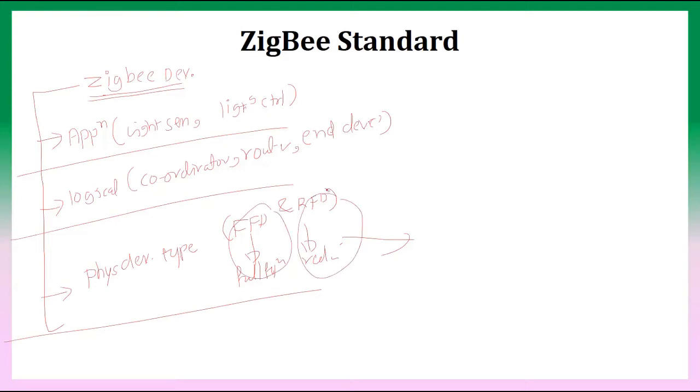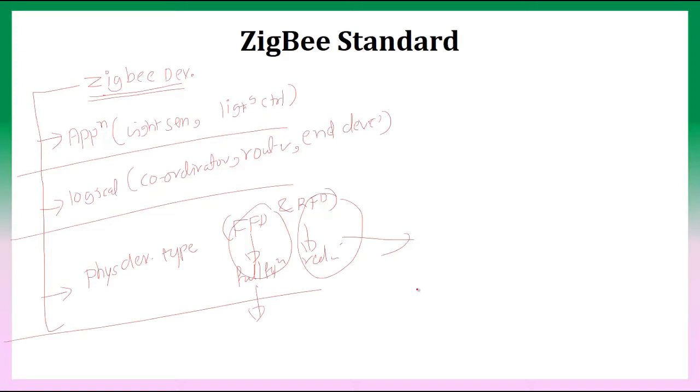Full functional devices can perform all available operations within the standard, including routing mechanism, coordination tasks, and sensing tasks. I'll write it down so that whenever you refer to this video next time, it will be easy to understand.